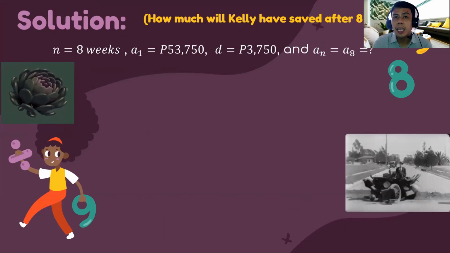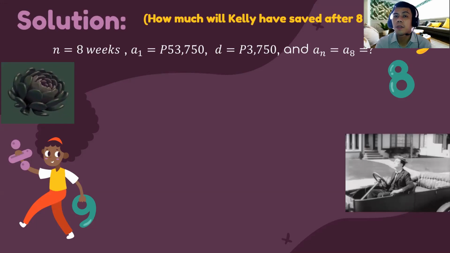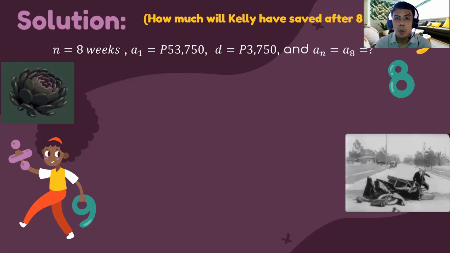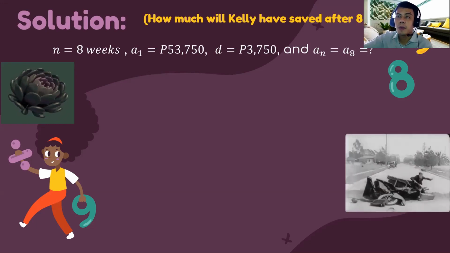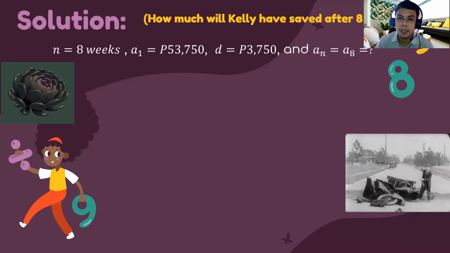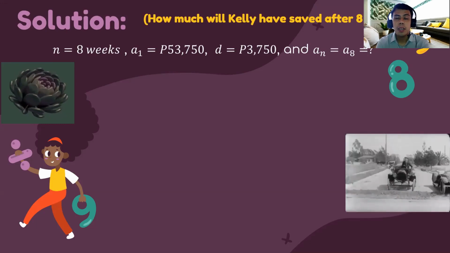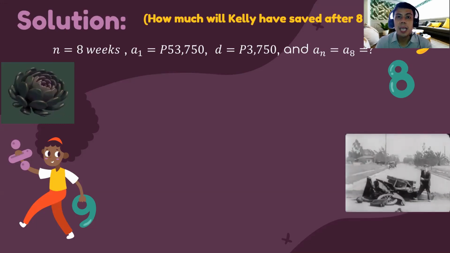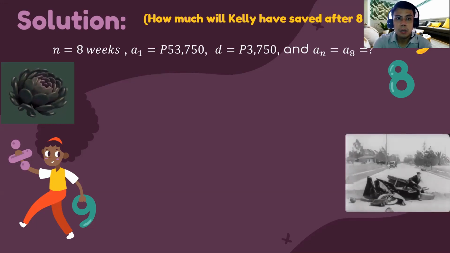Because Kelly already has 50,000 and the common difference is 3,750 because this is what she plans to save every week. So there is an increase in every term of 3,750 pesos. And let's identify the unknown here, A sub 8 or your A sub n, which is the nth term of your problem.